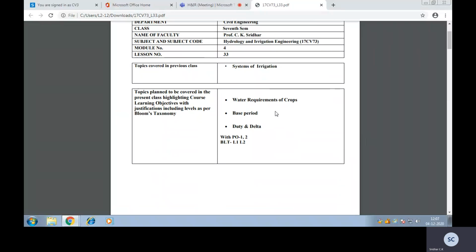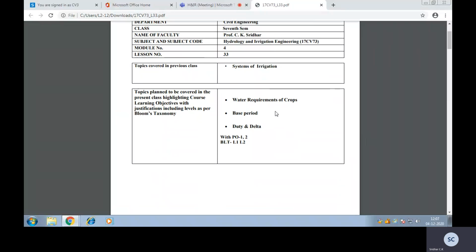That time period we call the crop period or the base period. And here, the literature claims that crop period is slightly bigger than the base period. But for all general considerations and calculation purposes, it is considered to be one and the same.